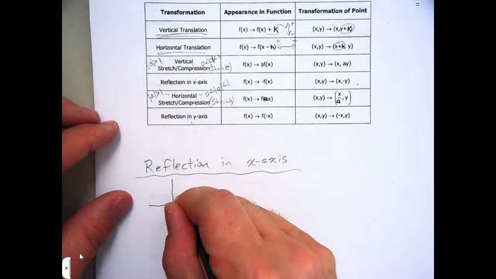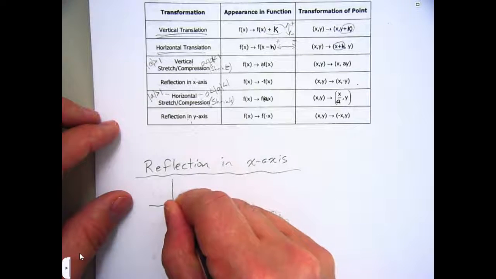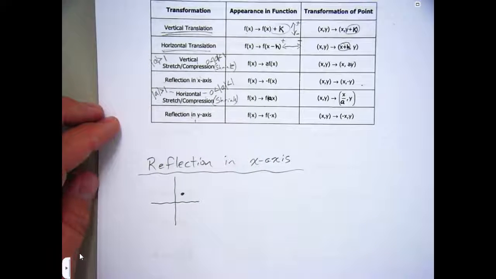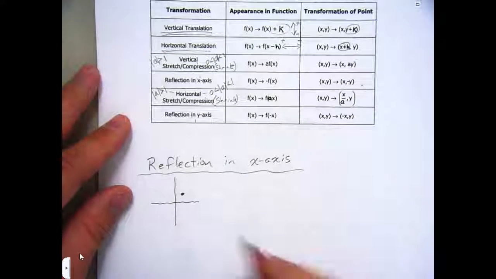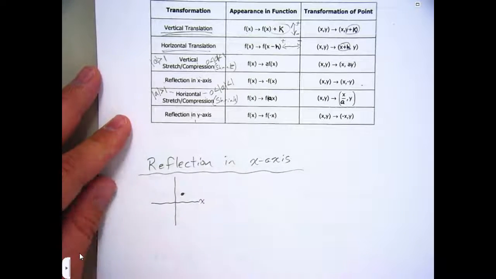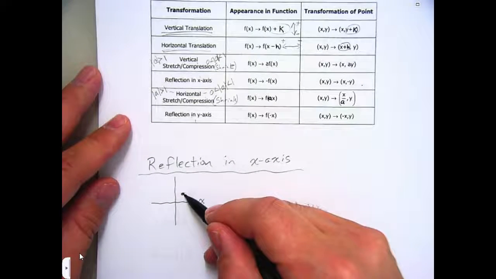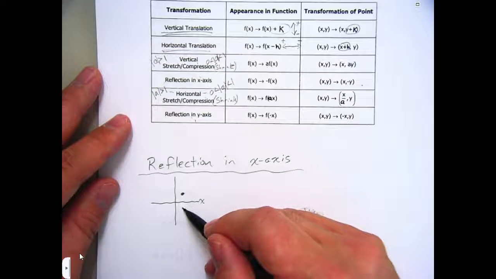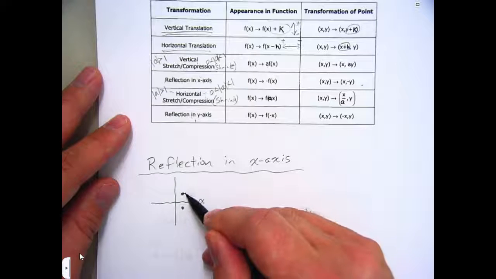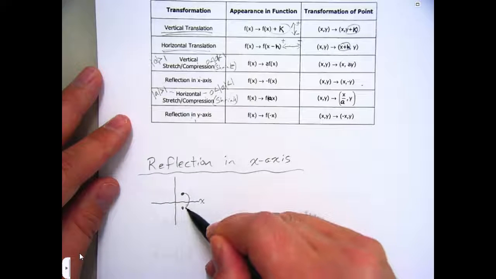And put a point just anywhere in that quadrant. Just so that we're clear, when we reflect in the x-axis, is my point moving up or down, left or right? It's moving down. It's moving to here. So if I'm reflecting, I'm moving from here to there.